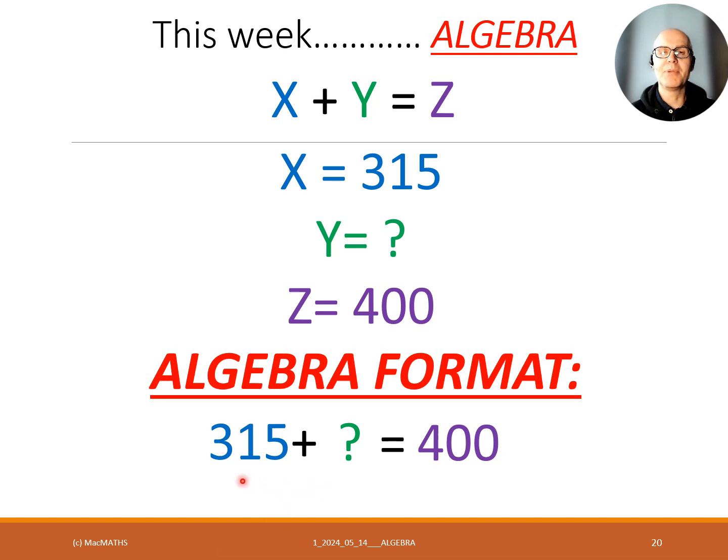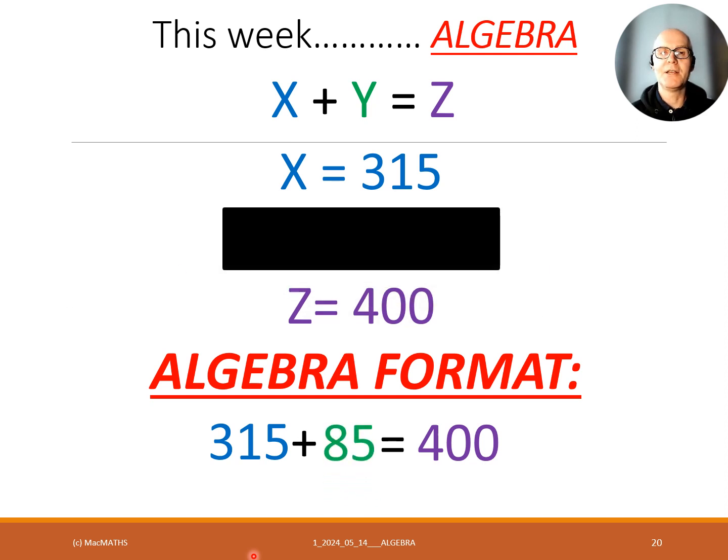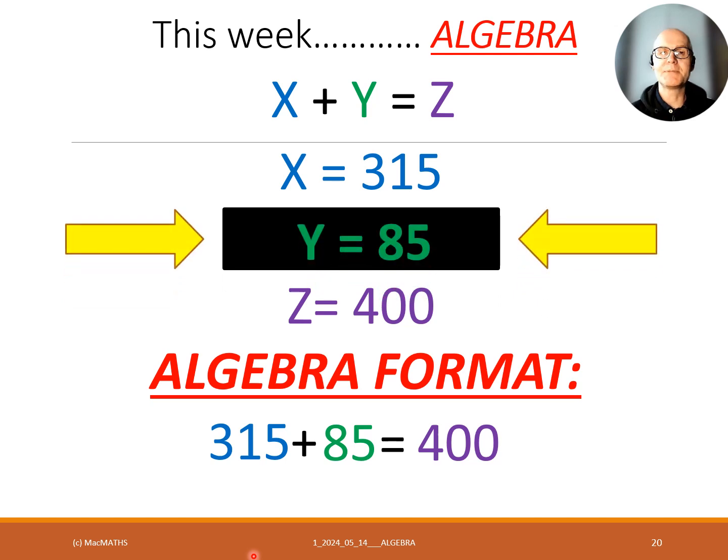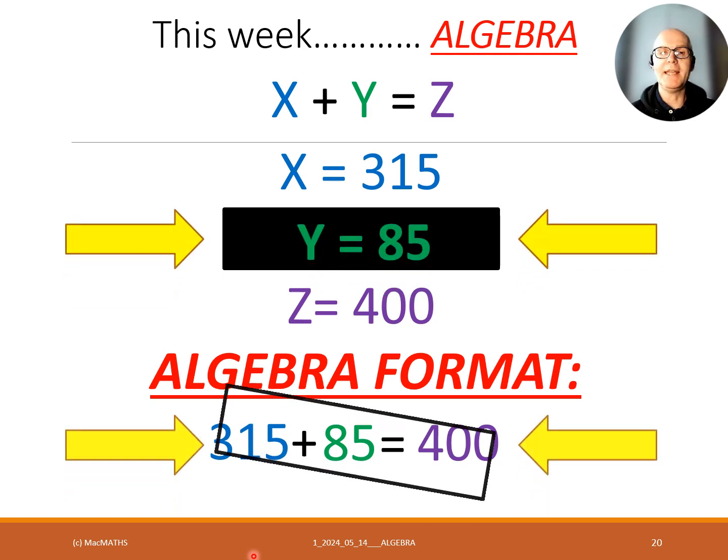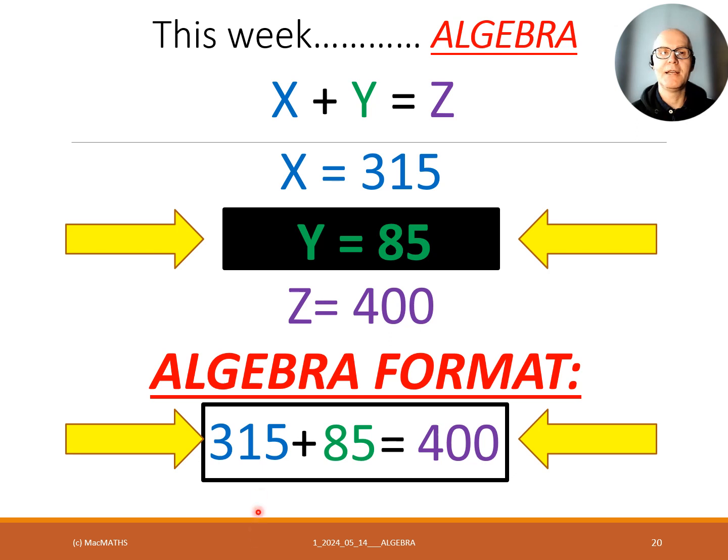So what number plus 315 equals 400? Think of it as 400 minus 315, and that equals 85. So in this specific example, Y equals 85. X plus Y equals Z. 315 plus 85 equals 400.